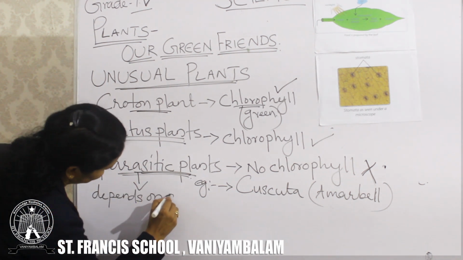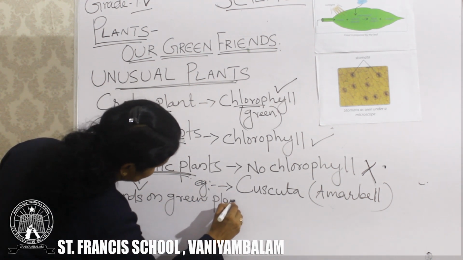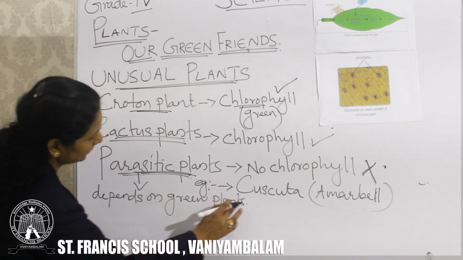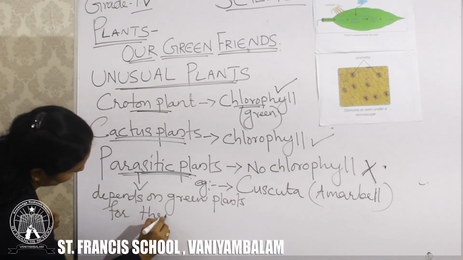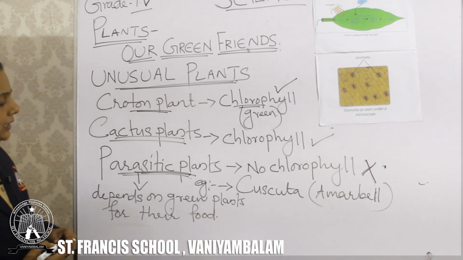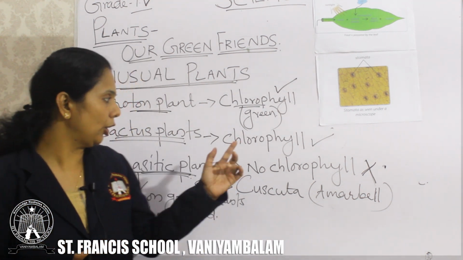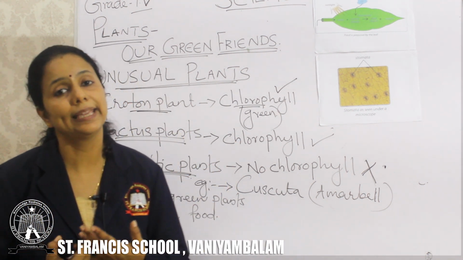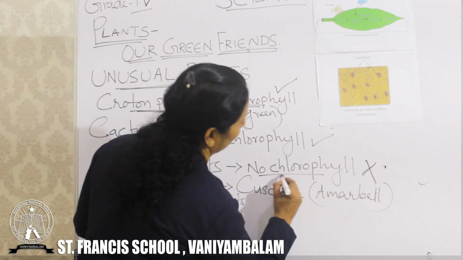They depend on green plants for their food. These plants take in food from other green plants. They cannot make their own food because they don't have chlorophyll.